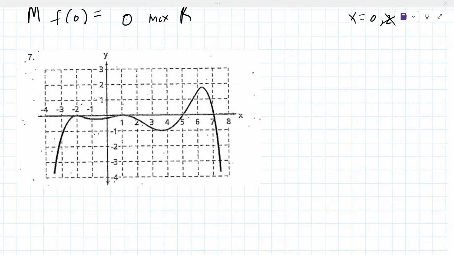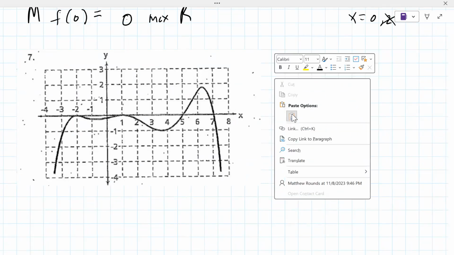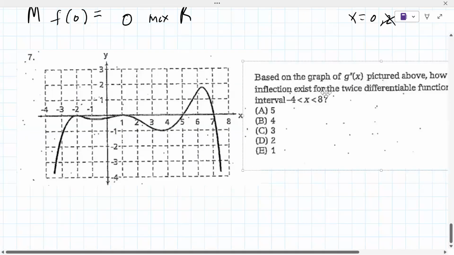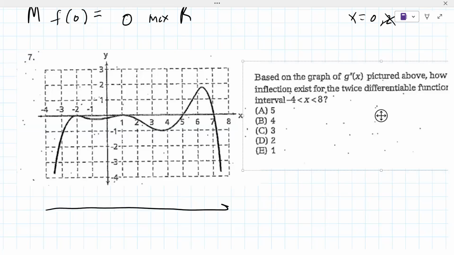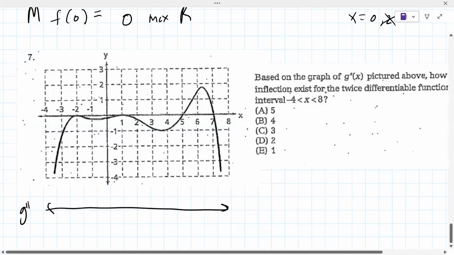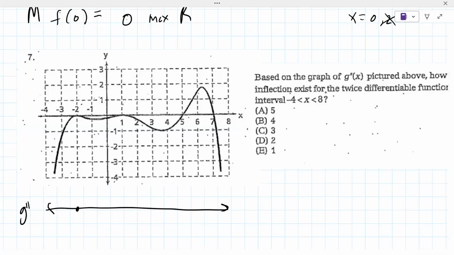So they're giving you the graph of the second derivative here. So the graph is g double prime. I would recommend going to a sign chart and looking for those places where it's 0.